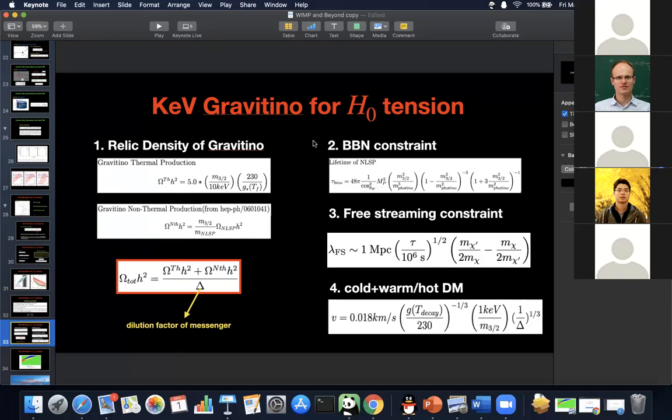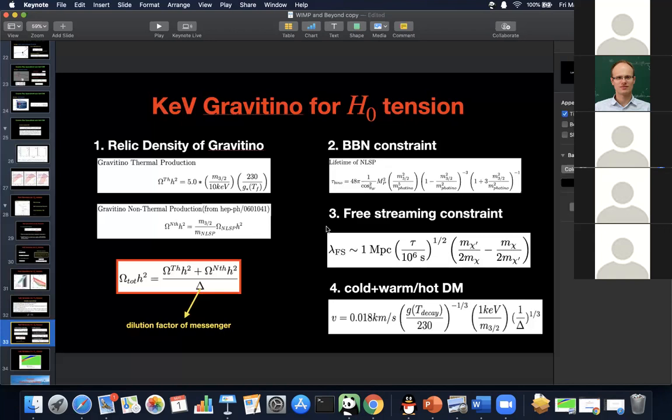Besides this one, we also have the BBN constraints, because the late decaying NLSP will inject photons into the BBN universe, and that may affect the BBN. Then the lifetime of the NLSP should not be too long.